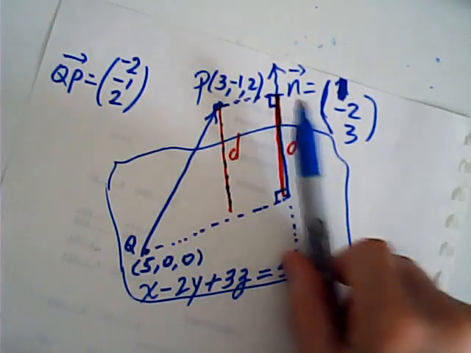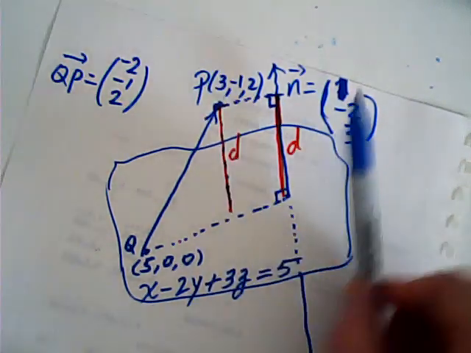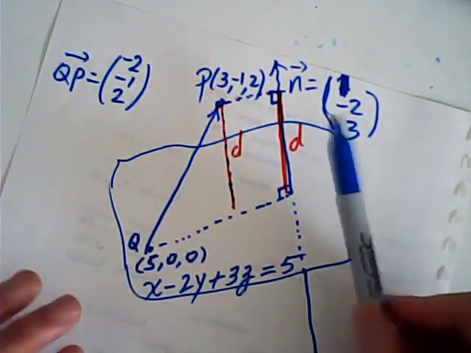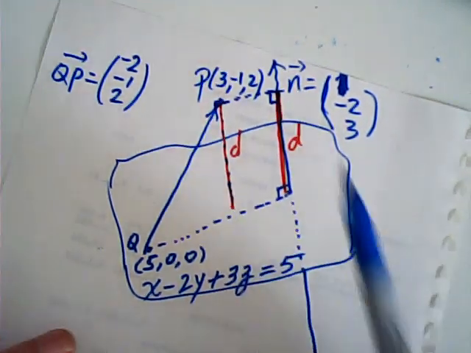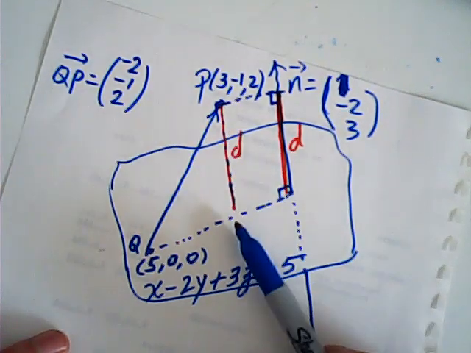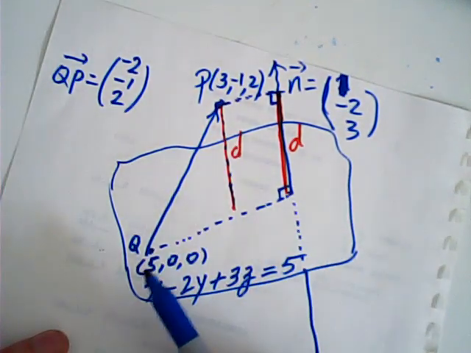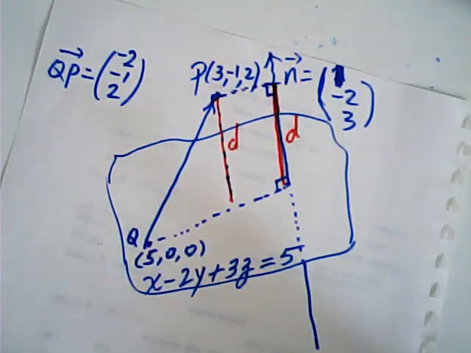Well, actually, you can move the normal vector to pass through P, because for a vector, as long as you have the length and direction, it doesn't matter where the location is. So we can find D by the projection of QP onto the normal vector N.